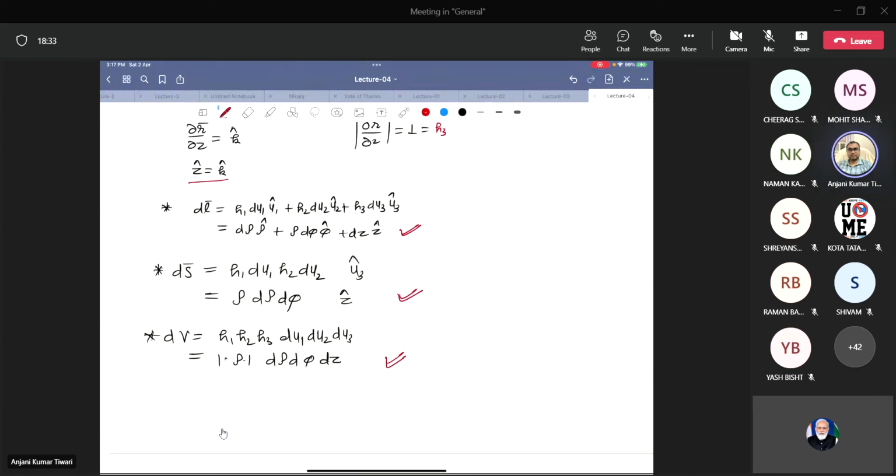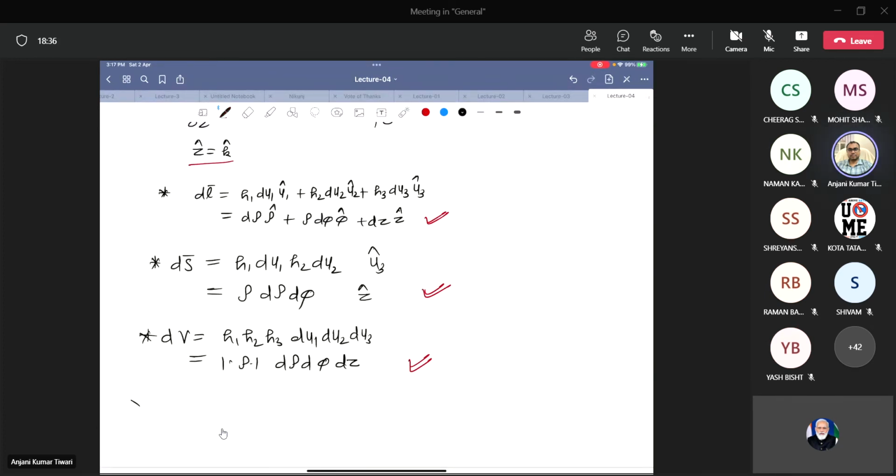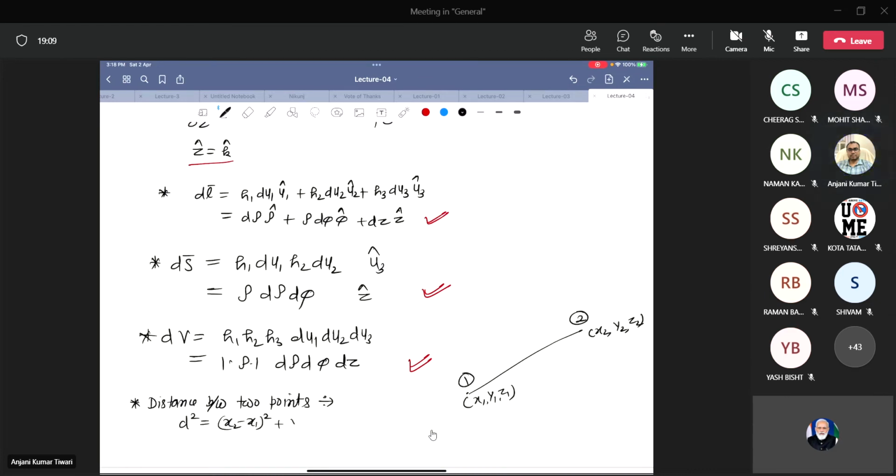Now the last thing is the distance between two points. Suppose we have two points 1 and 2, and their coordinates are x1 y1 z1 and x2 y2 z2. Earlier we wrote that d square is x2 minus x1 whole square plus y2 minus y1 whole square plus z2 minus z1 whole square.